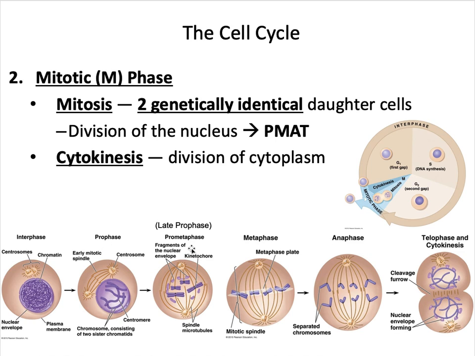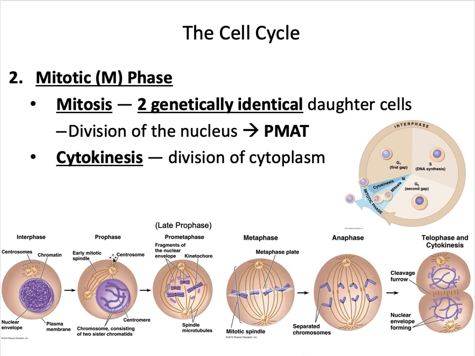I do want to mention that some books will separate prophase and prometaphase. Some books will have prometaphase, but some books will only have prophase. For our exam and for this class, we will not have a prometaphase. We'll just group this all together as prophase.